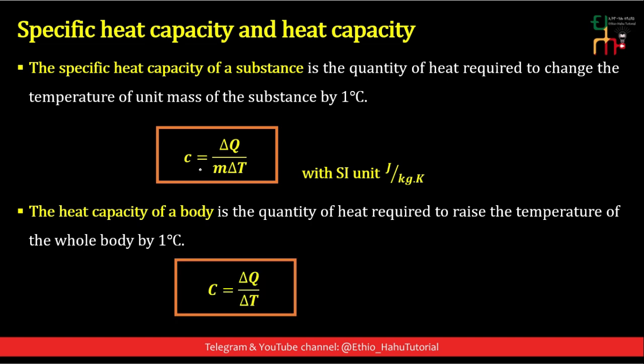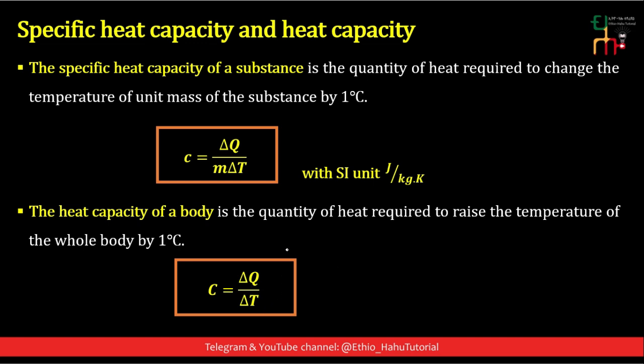The difference between specific heat capacity and heat capacity is, in specific heat capacity, the quantity of heat is required to raise the temperature of a unit mass of a substance, 1 gram or 1 kilogram of a substance, by 1 degree centigrade, whereas heat capacity is the quantity of heat required to raise the temperature of the whole system by 1 degree Celsius.